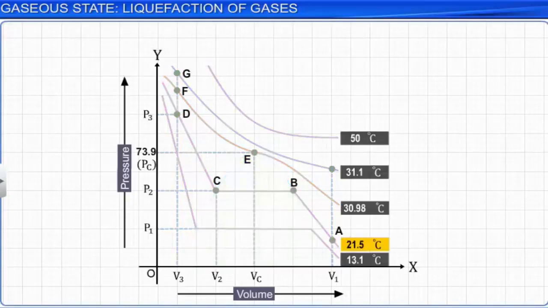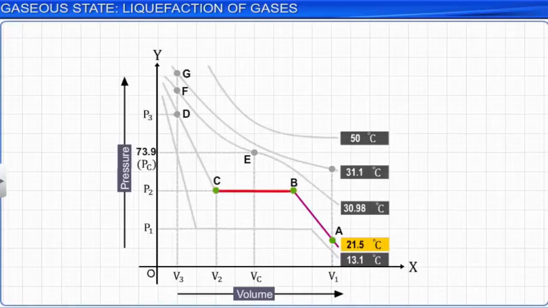At low pressure, carbon dioxide exists as a gas at point A. On increasing the pressure, the volume of the gas decreases along curve AB. The liquefaction of the gas starts at point B and continues along BC, which is evident by the sudden decrease in the volume.